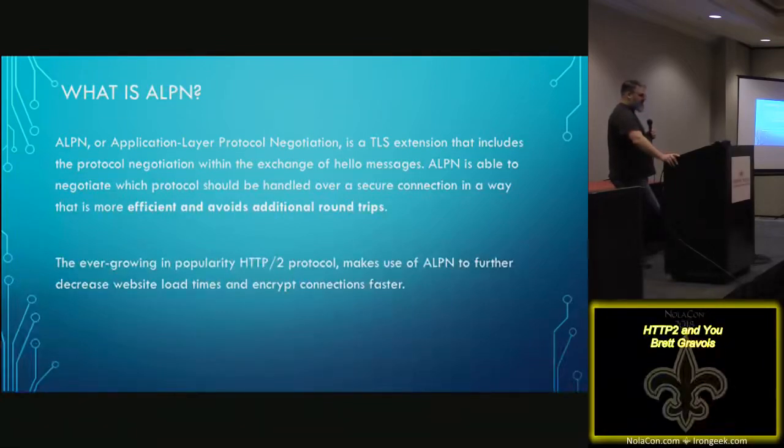It's a TLS extension that includes the protocol negotiation within the exchange of hello messages between the client and the server. Basically, it negotiates the connection between the client and the server over a secure connection that's more efficient and avoids multiple round trips. The ever-growing popularity is pushing ALPN to further decrease web load times and make encrypted connections faster.